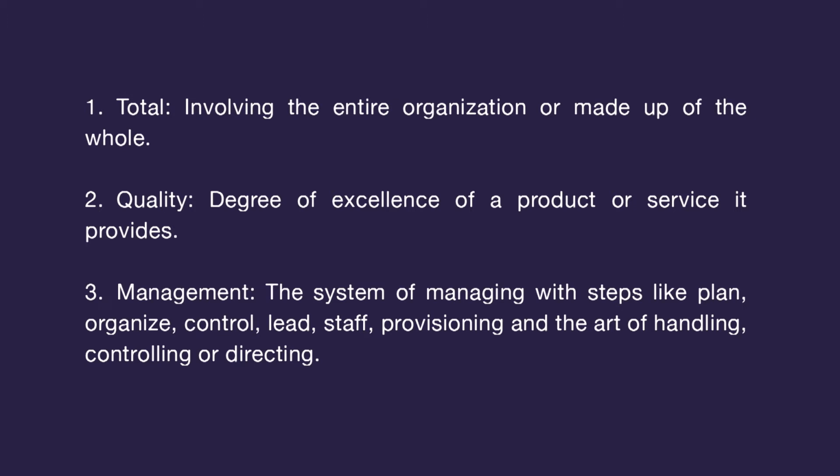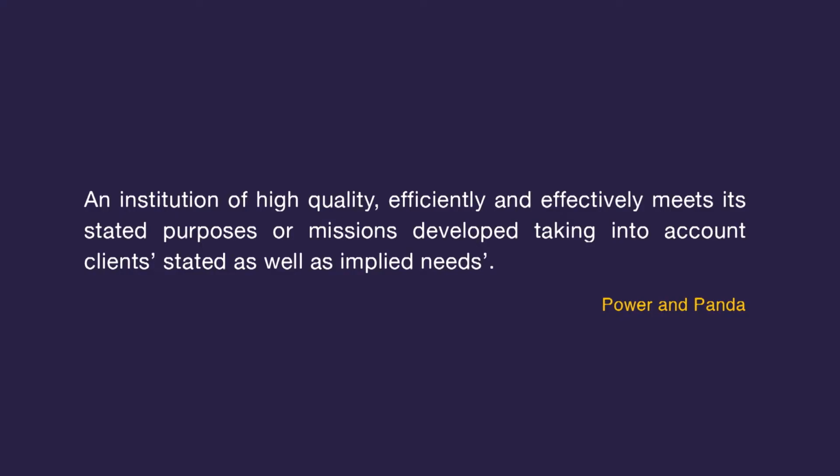Third, management, the system of managing with steps like plan, organize, control, lead, staff, provisioning, and the art of handling, controlling or directing. Power and Panda in the year 1995 argued that an institution of high quality efficiently and effectively meets its stated purposes or missions developed, taking into account clients' stated as well as implied needs.